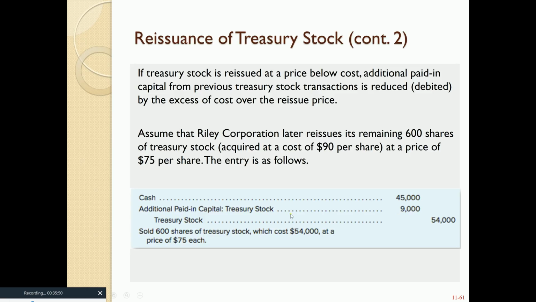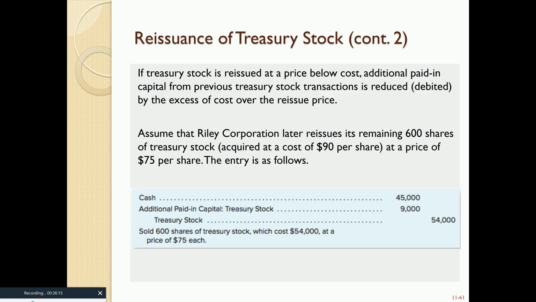The additional paid-in capital in a situation like this, where we sell the treasury stock for less than what we originally purchased it for, we will debit additional paid-in capital, dash, treasury stock if we have available balance to debit. You can never go below a zero balance. You can't go into a debit balance situation with additional paid-in capital.